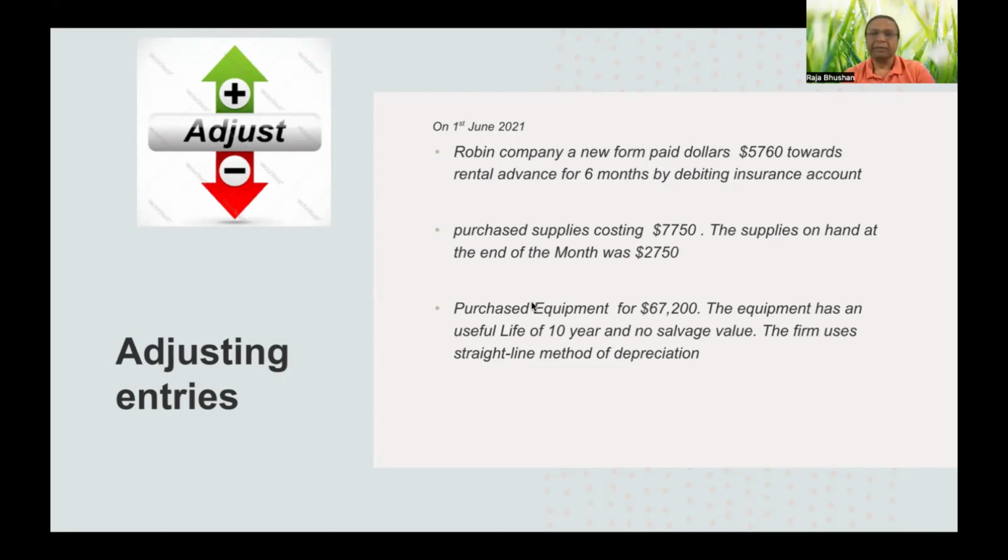The second one is purchase supplies costing $7,750. Supplies on hand at the end of the month was 2750. The third one is purchased equipment for 67,200 and it has a useful life of 10 years with no salvage value. You have to book the adjusting entry for the month of June. So only for 1 month you have to book the adjusting entry.